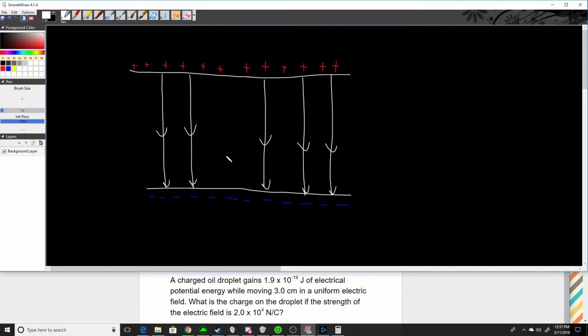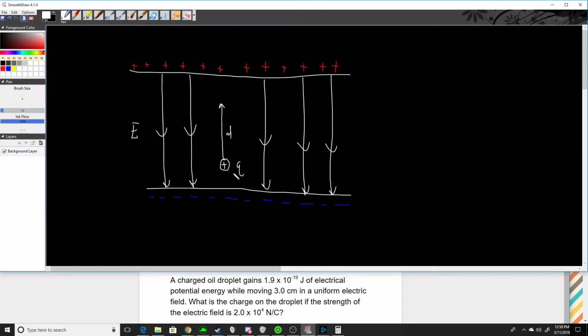And I know that if I have a charged molecule here, let's even say that it's a positive charged molecule, and I want to actually push this molecule, this positive charge, it could be an oil droplet probably, it could be something solid, but let's say that I wanted to move it. So this exists in a certain electric field, my charge has a charge of Q, and I want to move it a certain distance.